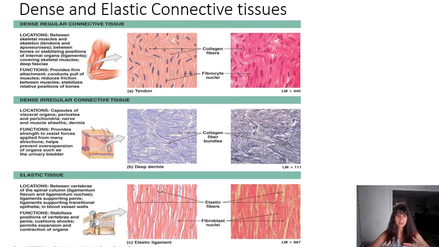The elastic connective tissue is also found in blood vessel walls, especially with large blood vessels that have to expand when the heart contracts to push blood out. We see that elastic connective tissue helps to stabilize the positions of the vertebrae in the spine as well as the penis, and it helps to cushion against shock and allow for expansion and contraction of organs.